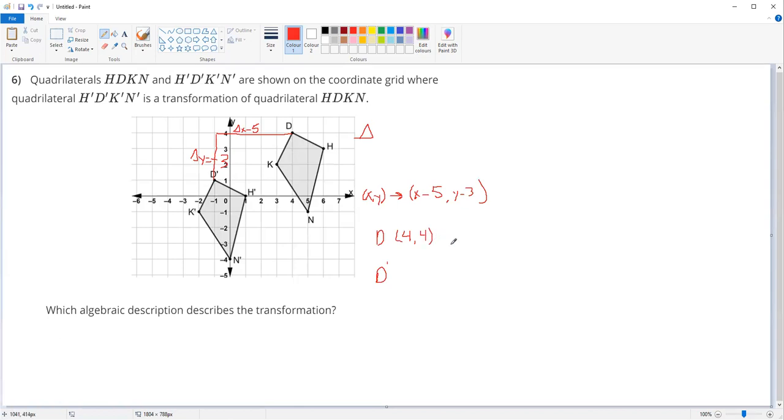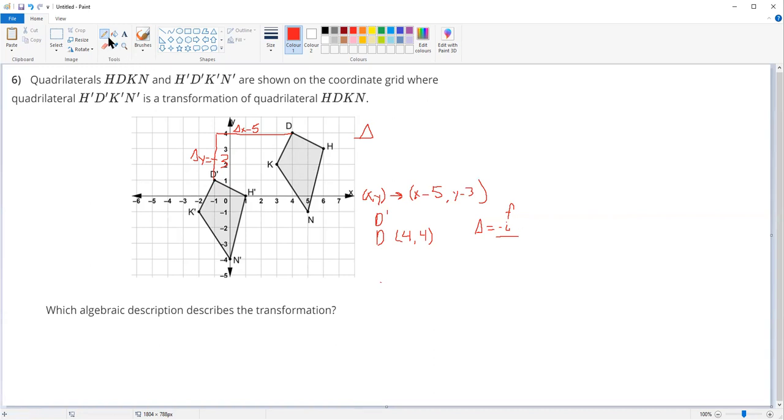That's my before, my after. I need to have my final D prime minus my initial D. Delta equals final minus initial.